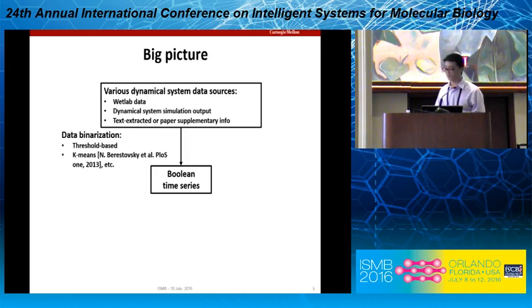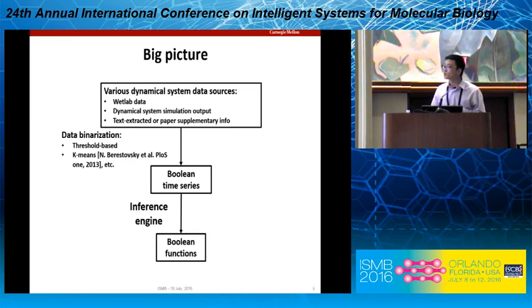There can also be other meanings. But through the Boolean time series, we need to do the inference to reach the Boolean function. So our contribution in this work is to propose an efficient inference engine to do this.